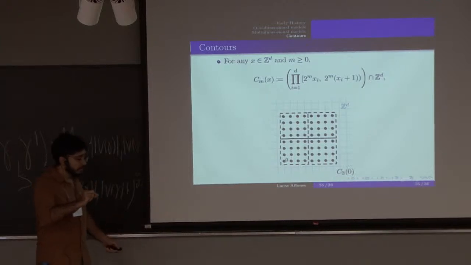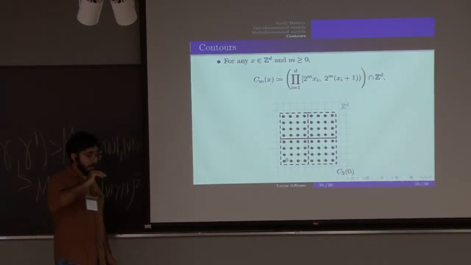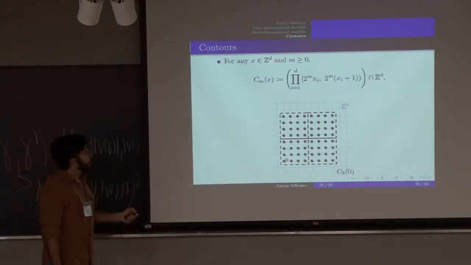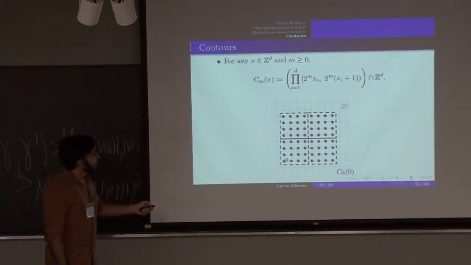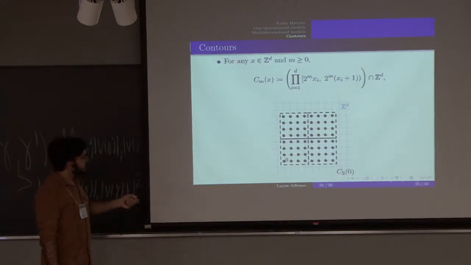Instead of using cubes with a scaled side length and cubes with a scaled center, he defined these M cubes depending on a point X in Z^D that exactly partition Z^D for each M, and they are exactly contained one inside the other as M grows. For instance, this is the cube C3, and you can partition it exactly using translations of the cubes C2.